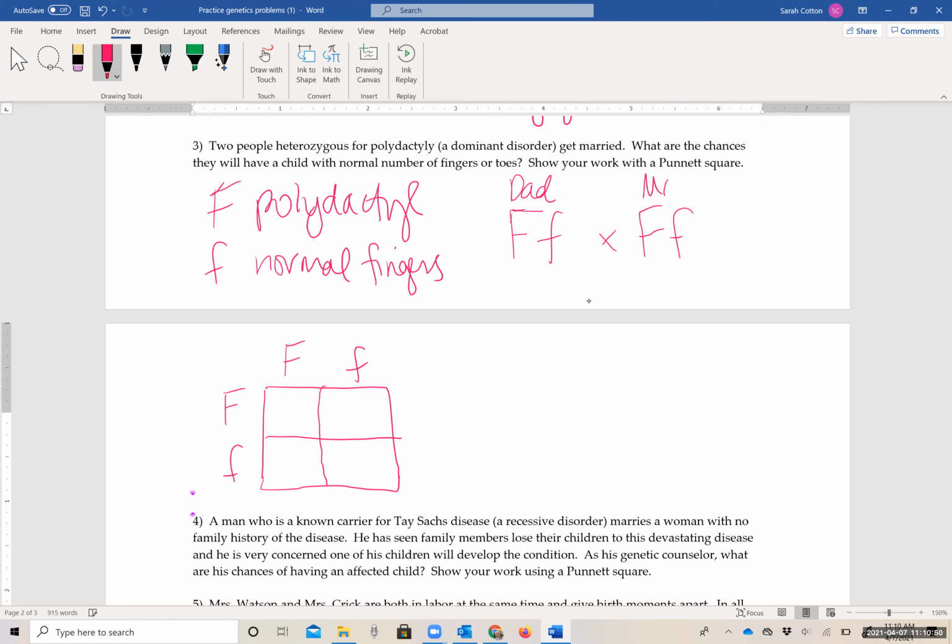Okay. So remember that each of these parents, let's say this is dad and this is the potential mom, has 2 alleles. But when they make their gametes, which is the generic name for eggs and sperm, do gametes have 2 alleles in them? No, they don't. They only have 1 of each.